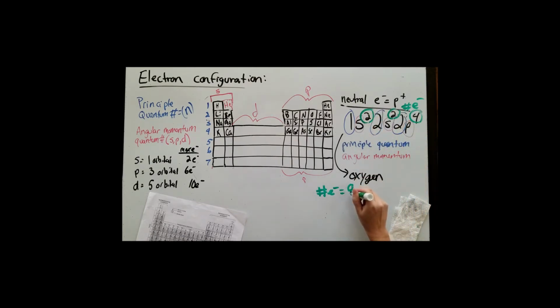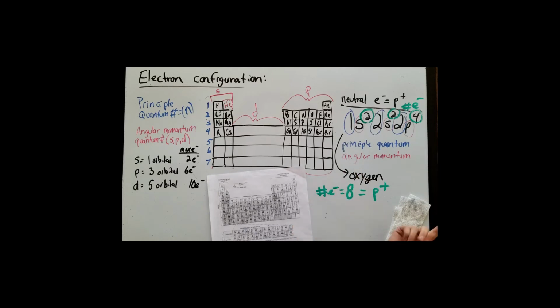So I have 8 electrons, which means I have 8 protons. Well, if I know my number of protons, I know the identity of the element. I just need to look for number 8 on the periodic table. And number 8 is oxygen. So I just double checked my answer. That electron configuration is describing oxygen.